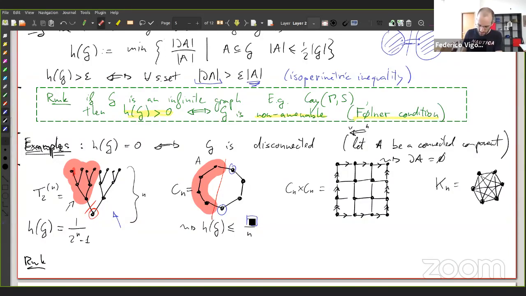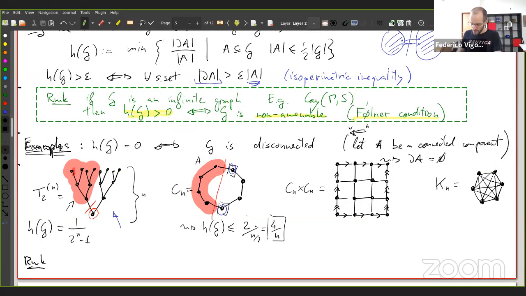Yes, so it should be a 4. So the Cheeger constant is twice, because there are the 2 elements in the boundary, divided by the size of the set A, which is n². So we actually get 4 over n. So again, it's something quite small.